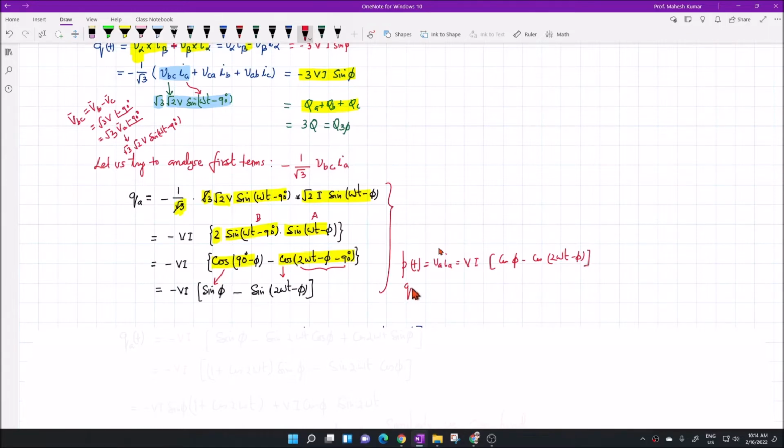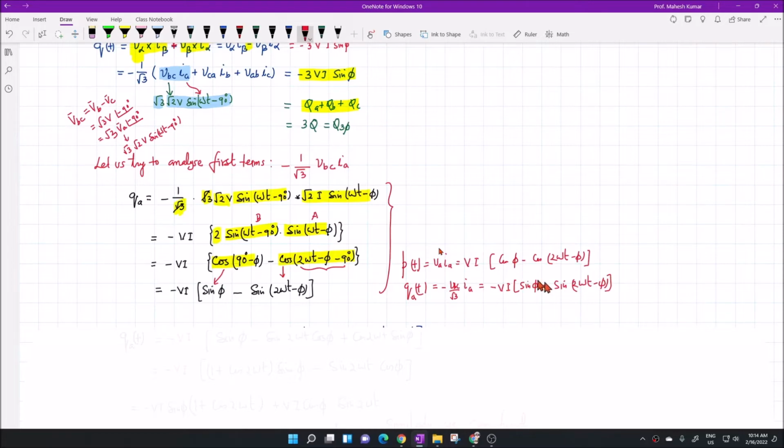And QT is minus BBC by root 3, let us call it QA, into IA. That becomes minus BI, here it is sine phi minus sine(2 omega t minus phi).